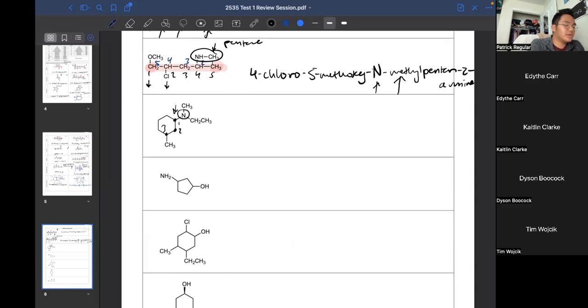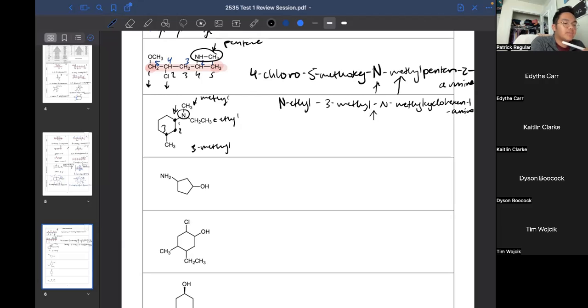1, 2, 3. So it's gonna be 3-methyl. Well, we have a 3-methyl group. We also have a methyl group here as well. And we also have an ethyl group. So I'm just gonna draw some brainstorming to see how I get to the final answer. 3-methyl, or it has to be N-methyl, N-ethyl. 3-methyl, N-methyl, cyclohexane-1-amine.